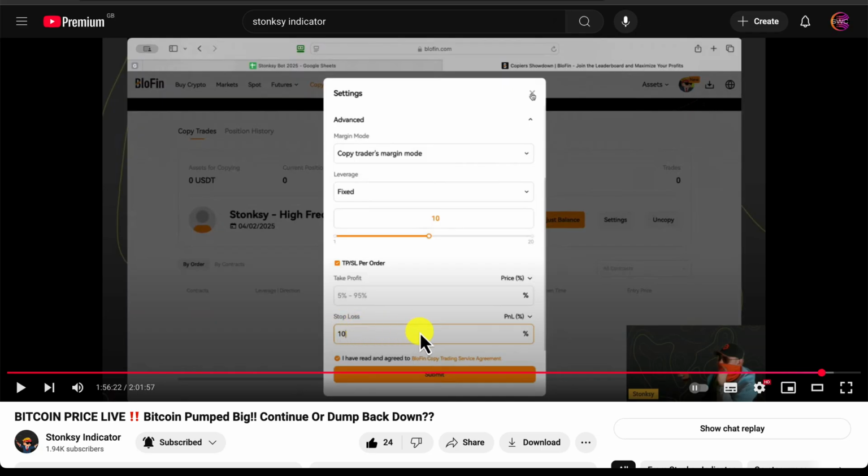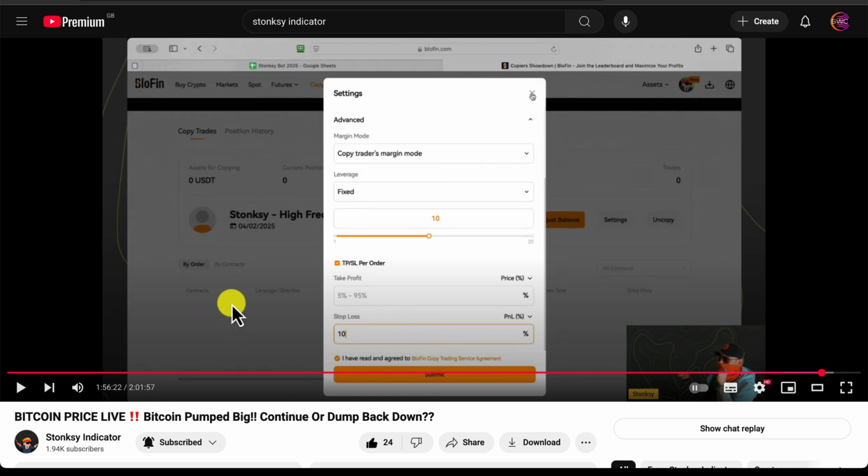Now, yesterday on the 21st of April, I was demonstrating the Stonksy bot. The way this works at the moment is the bot operates a master copy account in Blofin, and then you just go along to Blofin and you copy that master trader.